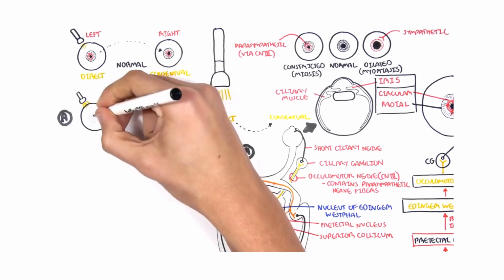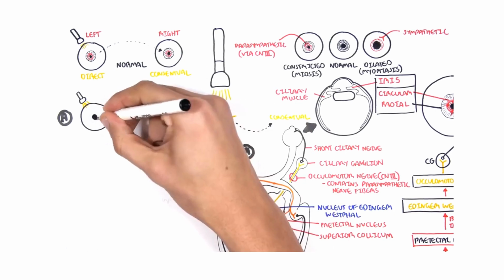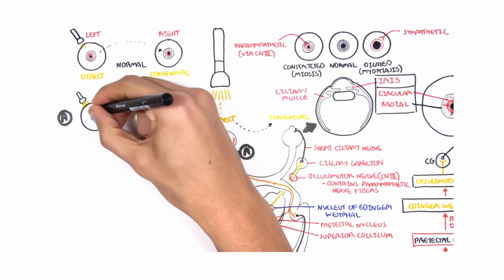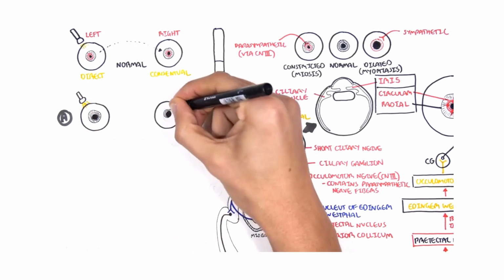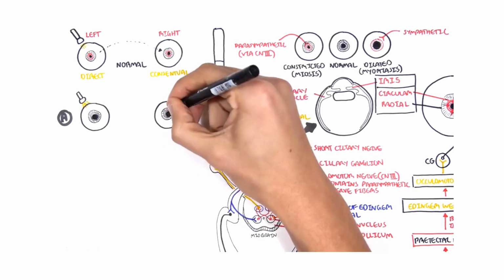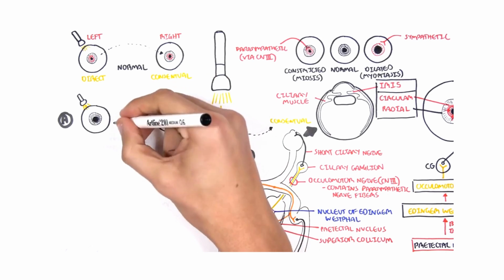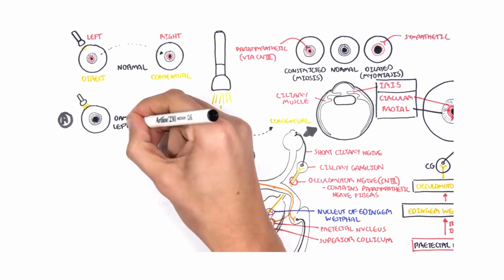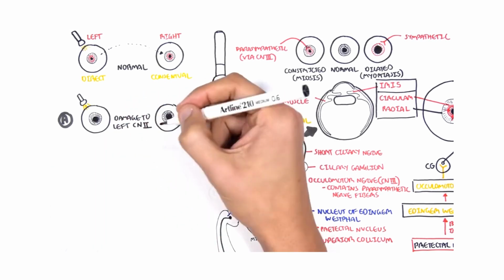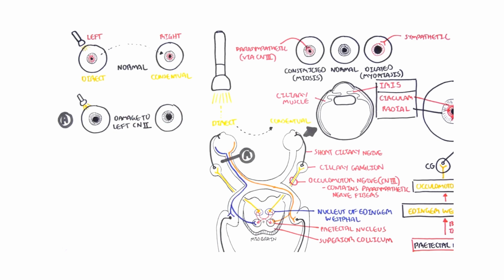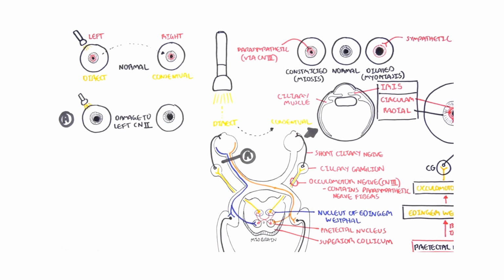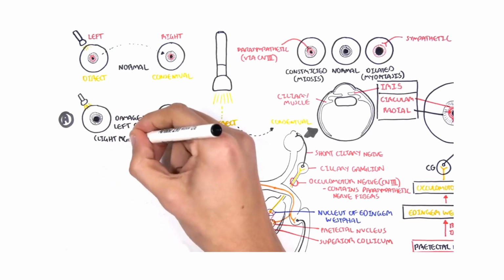But also, we will get no pupillary constriction on the right side as well. So both the right and left side don't constrict. And this is because we have damage to the left optic nerve, cranial nerve number 2, and thus no information is being sent towards the midbrain. And thus the light reflex is absent.